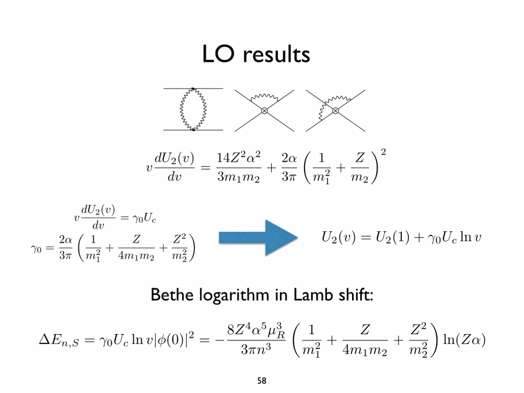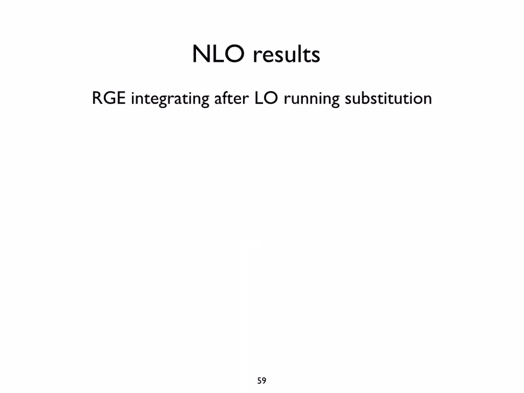To obtain the next to leading order logarithmic corrections to energy levels, we can solve the renormalization group equation after substituting the leading order running in the right hand side, and the next to leading order series is also terminated by log cubed alpha.